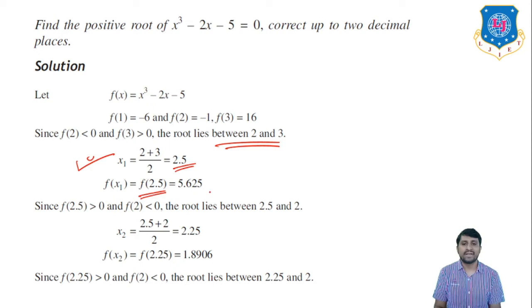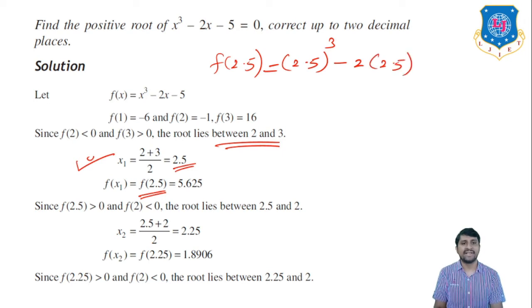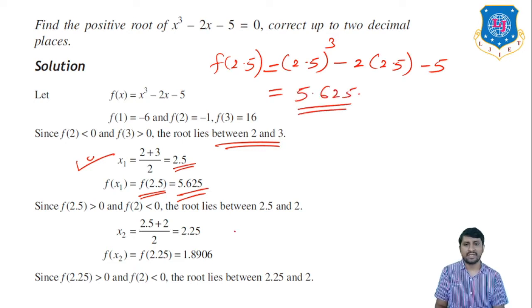Now find f of 2.5. That means 2.5 whole cube minus 2 into 2.5 minus 5. You can easily calculate this value using your calculator. It is 5.625, so this is positive.